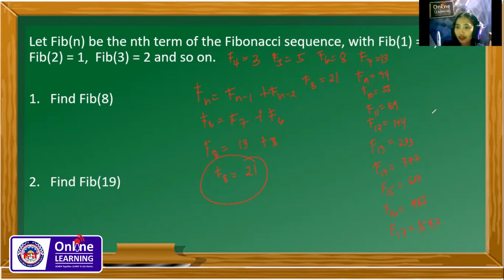Then next Fibonacci 18 natin is equal to 987 plus 1597 is 2,584. So the Fibonacci 19 natin is equal to 4,181. So, tignan natin kung gagamit tayo ng formula.